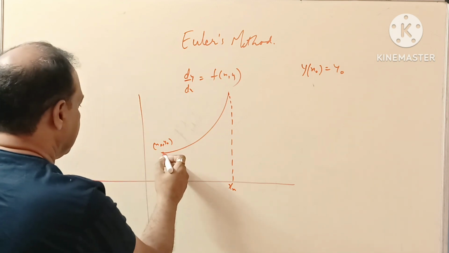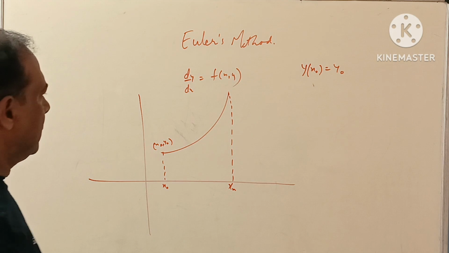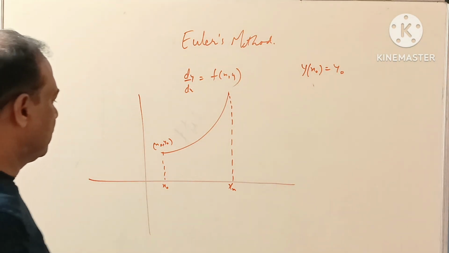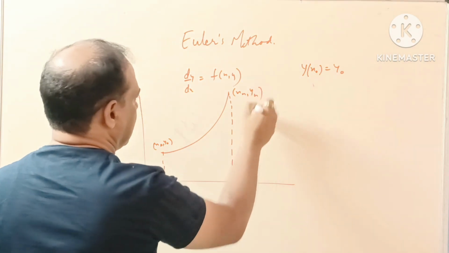Here this is x naught, and we have to find the value of yn at xn.